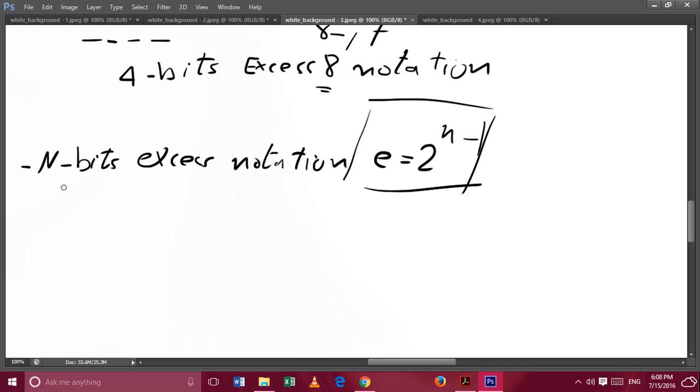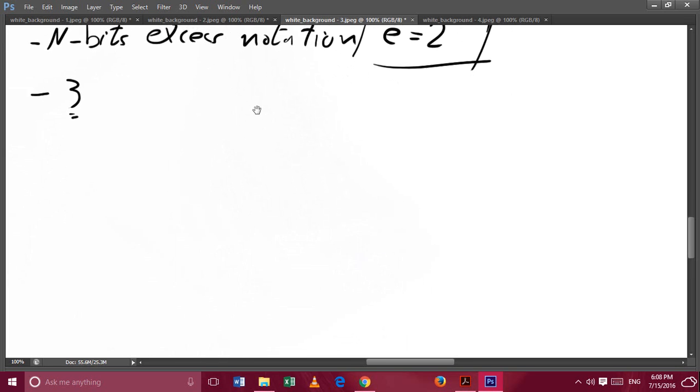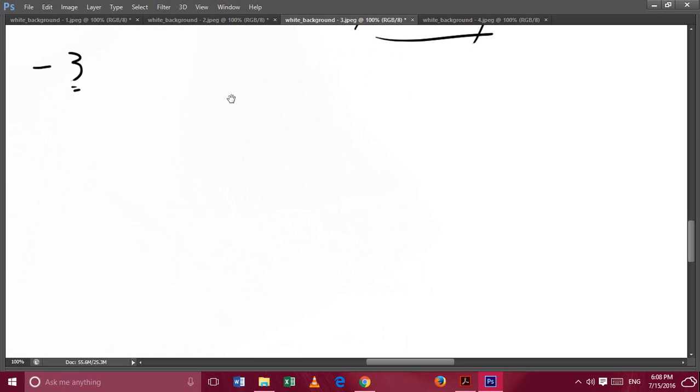So let's say that you want to convert number 3, right? Decimal 3 to excess notation, right? So here's how you do it. First, we will follow a 2-steps algorithm to convert decimal to excess notation.